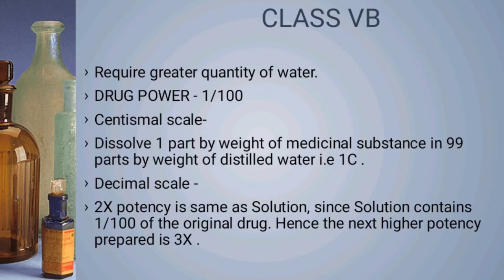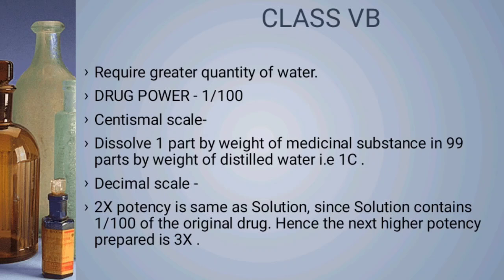And for succeeding potencies, 1 part of the previous potency, 99 parts of alcohol, 10 downward successions, then we will get the next potencies.